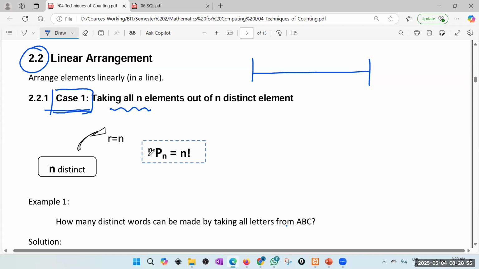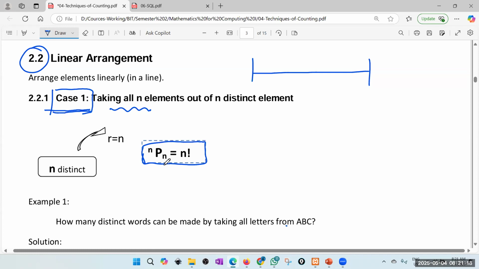That means out of n distinct elements, you take all n elements and arrange. P means permutation. From n distinct elements, how many permutations are available if you take all n elements? And the answer is factorial n.